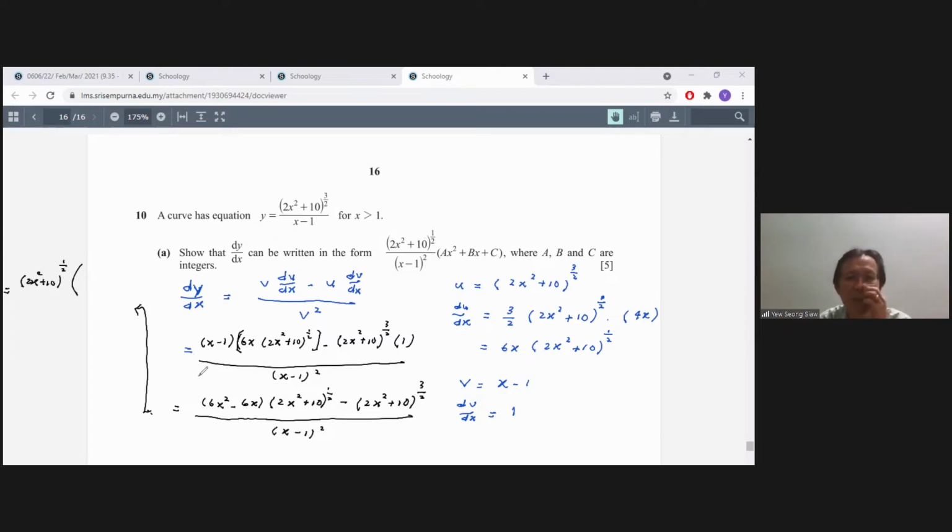So inside there remain is what? This one you take out. So you left.